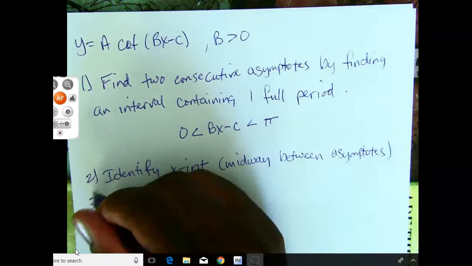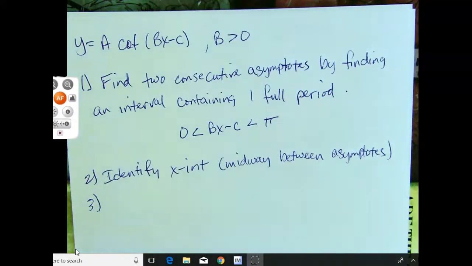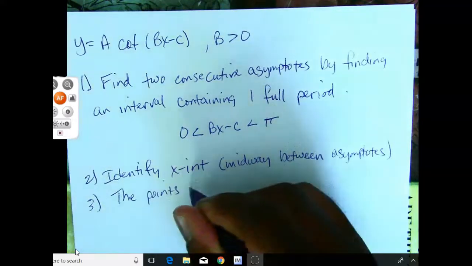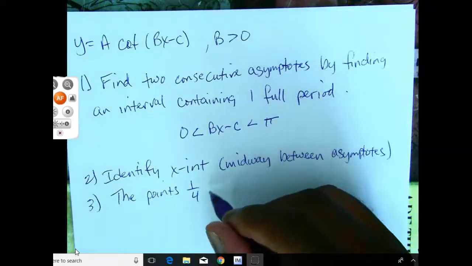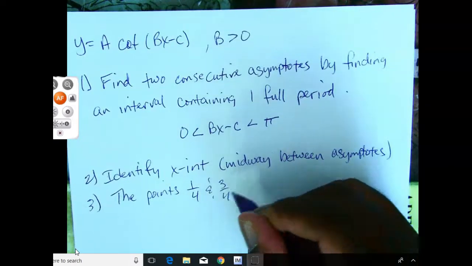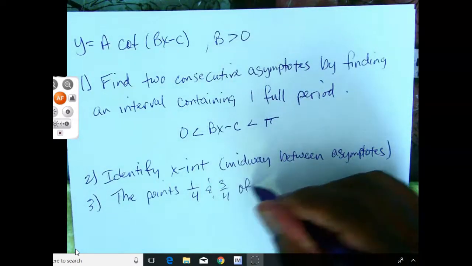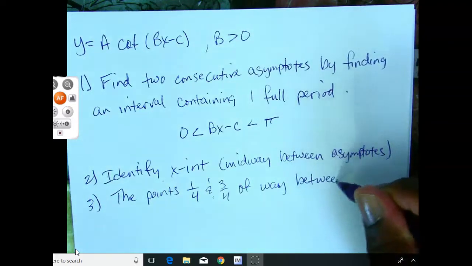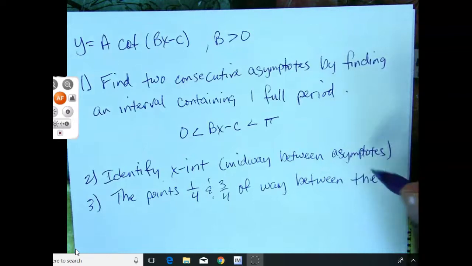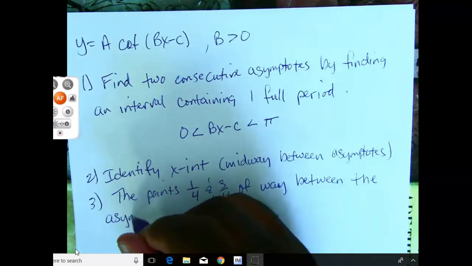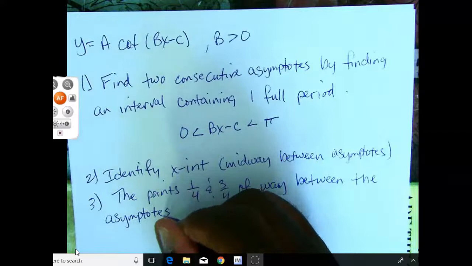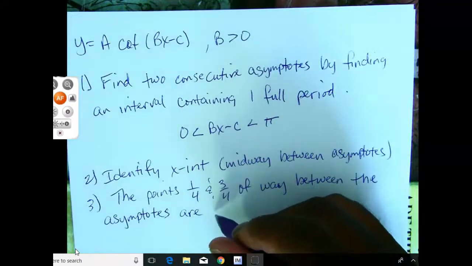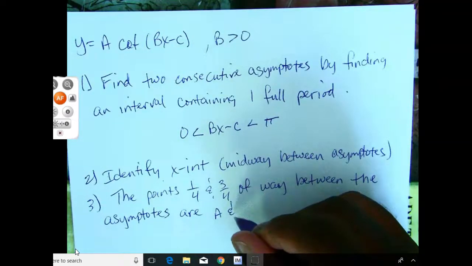Step 3, the points 1/4 and 3/4 of the way between the asymptotes are a and negative a.